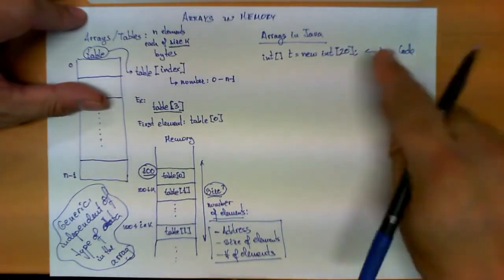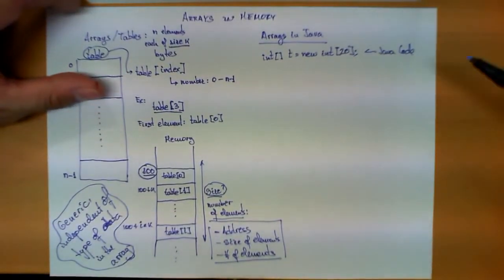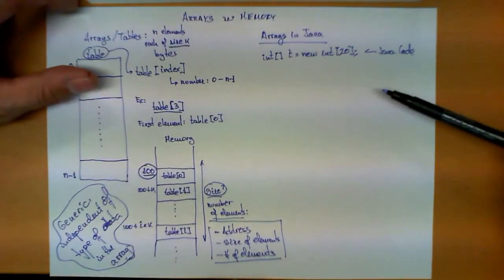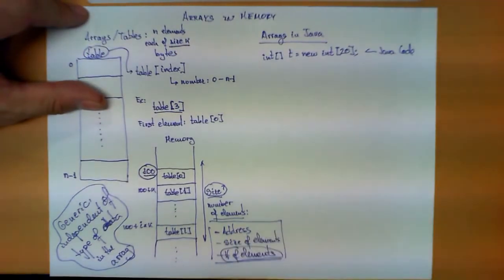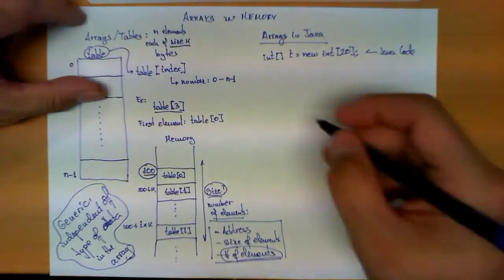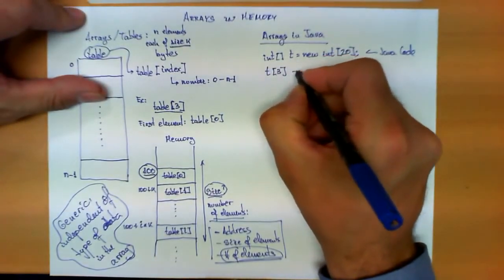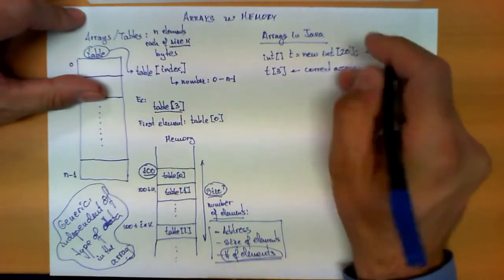Now, how is this array stored in memory? Well, it just turns out that Java, or the implementers of Java, realized that you needed these three parameters, but one of them is very important, which is the number of elements you have in the array. And that is something that you need to check continuously, because in Java, if you do something like t of 3, obviously that is a correct access to this array.